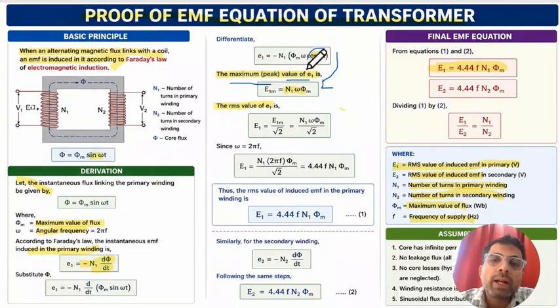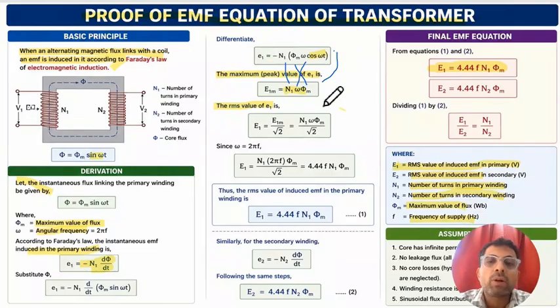When cos omega t equals 1. I have not written that 1 here. And maximum peak value means magnitude, so we consider the absolute value, and the minus vanishes. So N1, phi m and omega stay, and the value of cos omega t is 1, because I considered the maximum peak value, peak value means magnitude, and magnitude means absolute value. So the 1 goes, and the minus also goes.